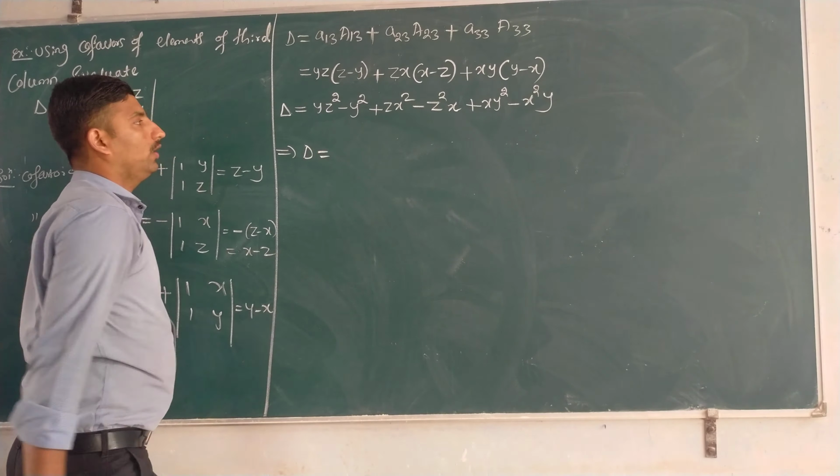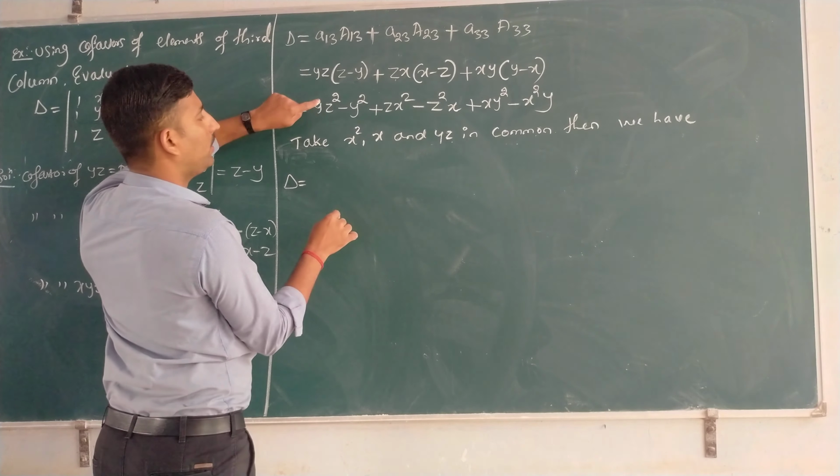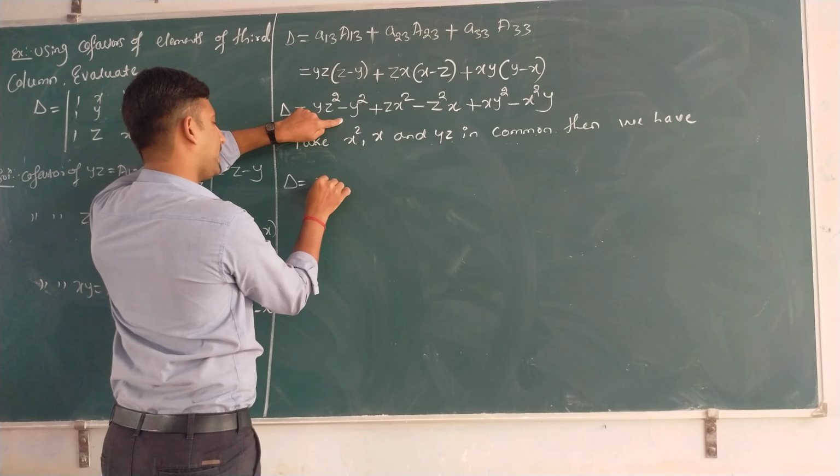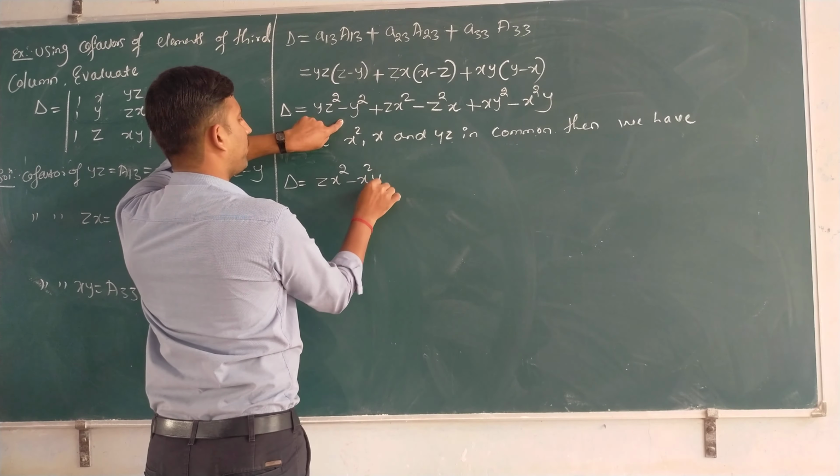Which implies delta is equal to, you take x, y, z common. What happens? Delta is equal to x square, you take it as common. I write first zx square minus x square y first.